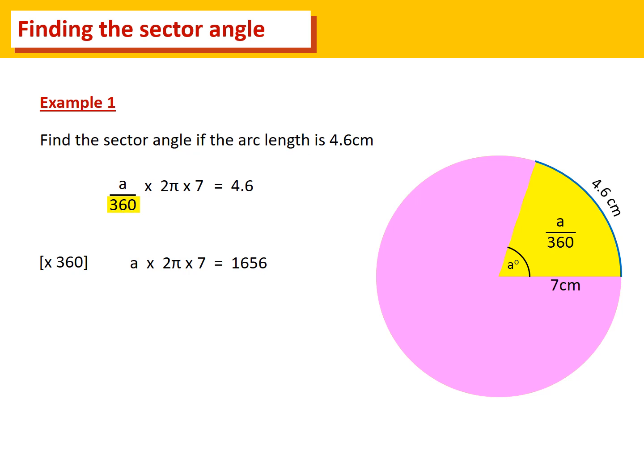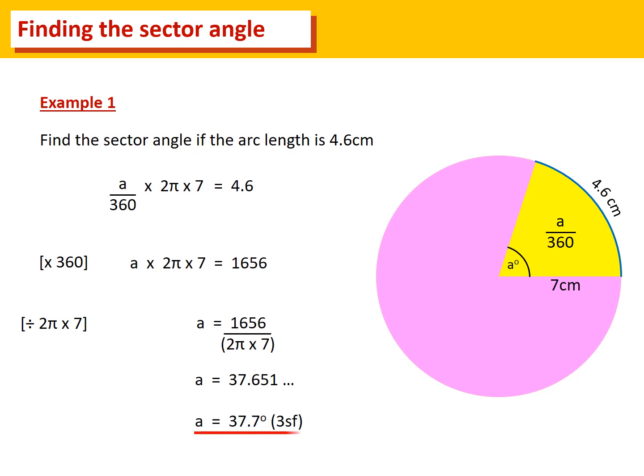And in order to leave A on its own, we need to divide both sides by 2 pi times 7. And then it's important that when we're calculating A, we put brackets on the denominator when we're tapping that into our calculator. And you should get 37.7 degrees to 3 significant figures.